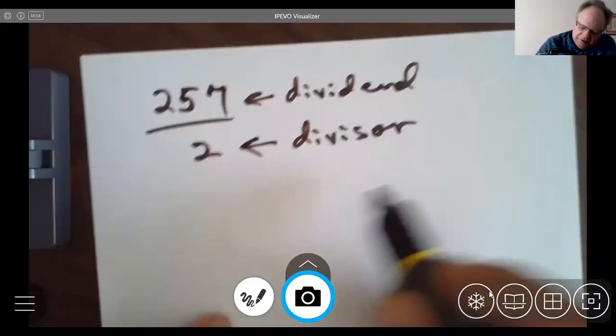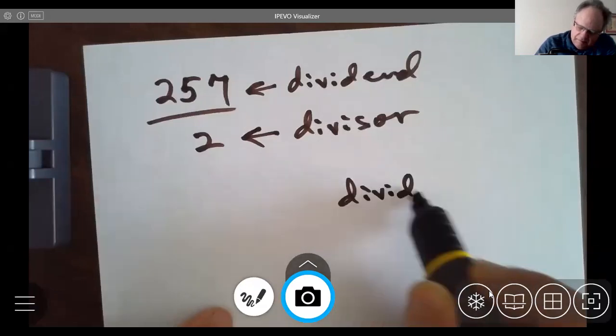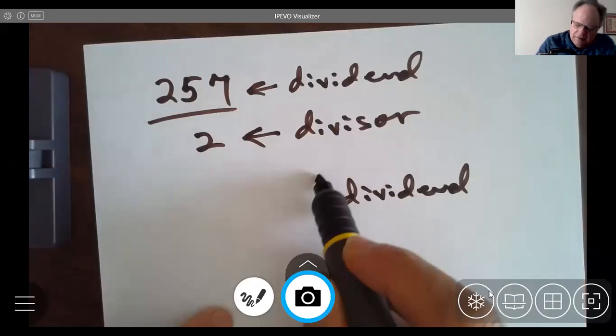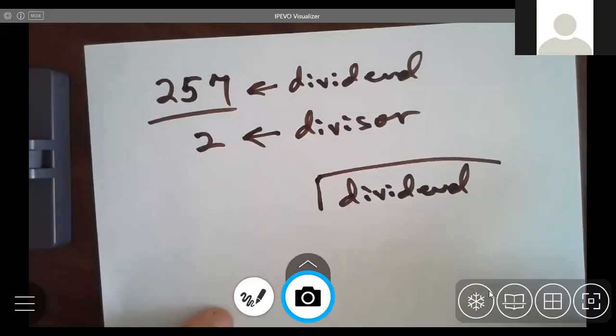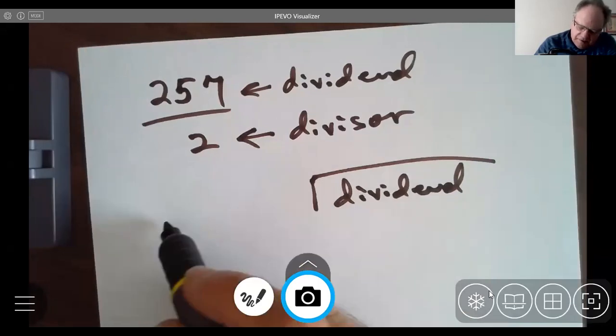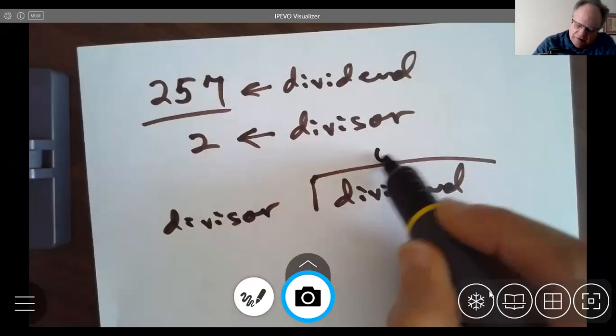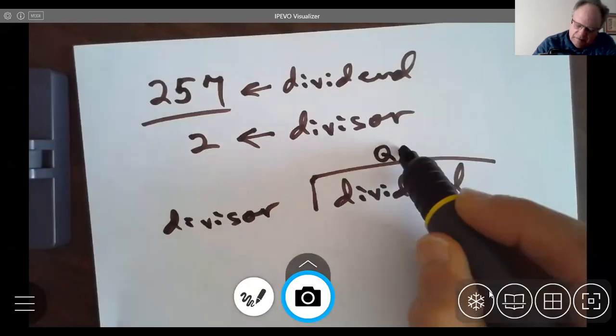So in long division, the dividend goes under the division sign. The divisor goes outside. Your answer in division is the quotient.